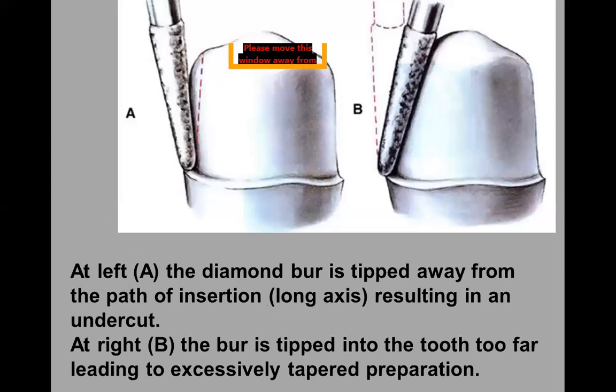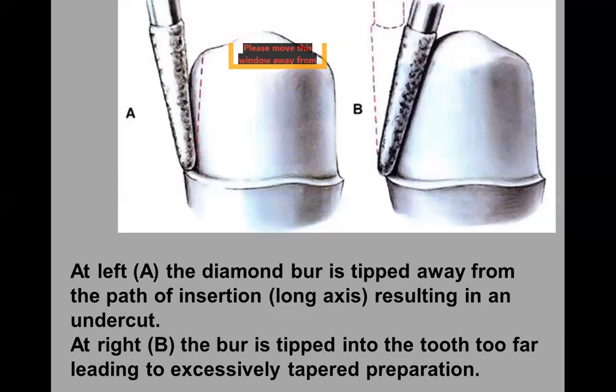In this picture, what we are going to see is that the direction of the cutting burr is very important. In the left part A of the picture, you see that the burr is not vertical, or not parallel to the long axis of the tooth. It is slightly tipped away from the path of insertion, or the long axis of the tooth.